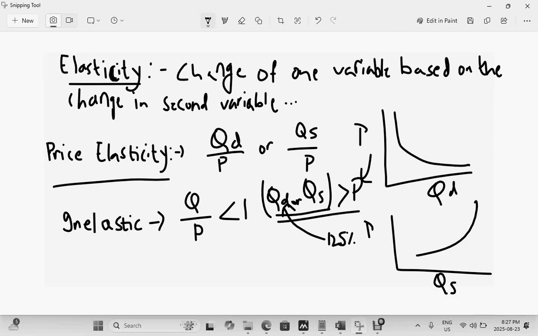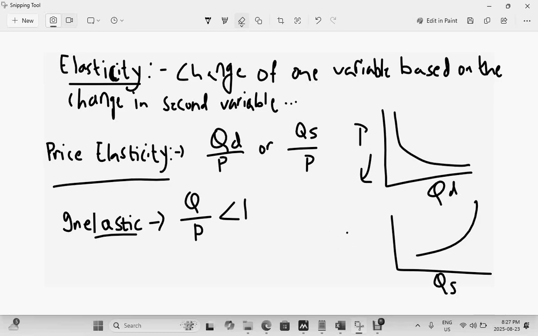Now, this has to do with inelastic. Change in quantity over change in price is less than one.